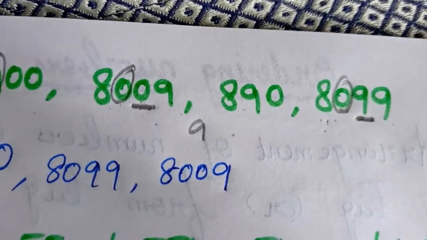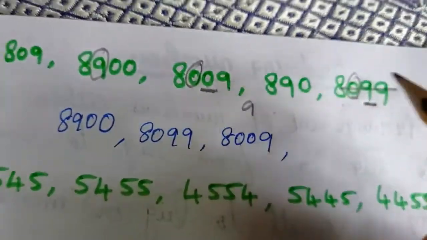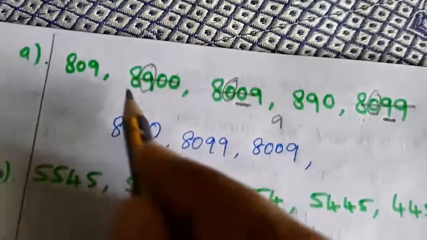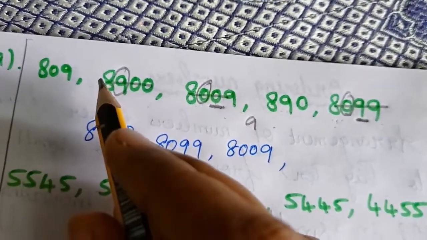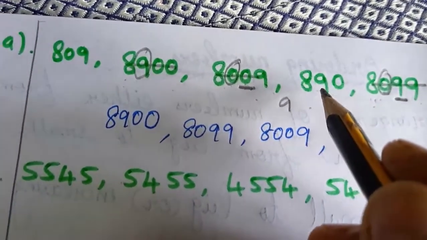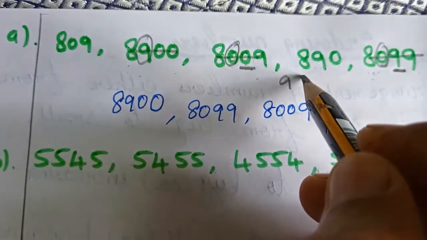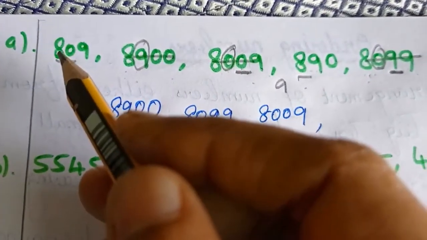Okay, 8009. So children, next one, we already found this number and this number. Two numbers remain. Okay, the 2 numbers have the same digit value, that is 3. So check their 100 place values. The 100 place values for these 2 numbers are also the same, that is 8.